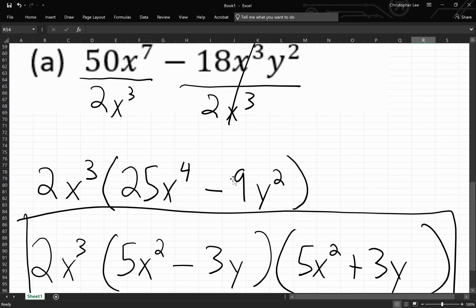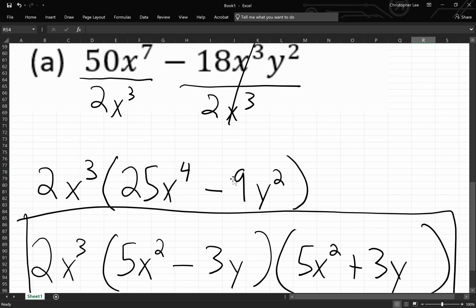Okay, that's the difference of two perfect squares, right? So anytime you have two perfect squares that are being subtracted from one another, the difference, this is how you factor them, right?